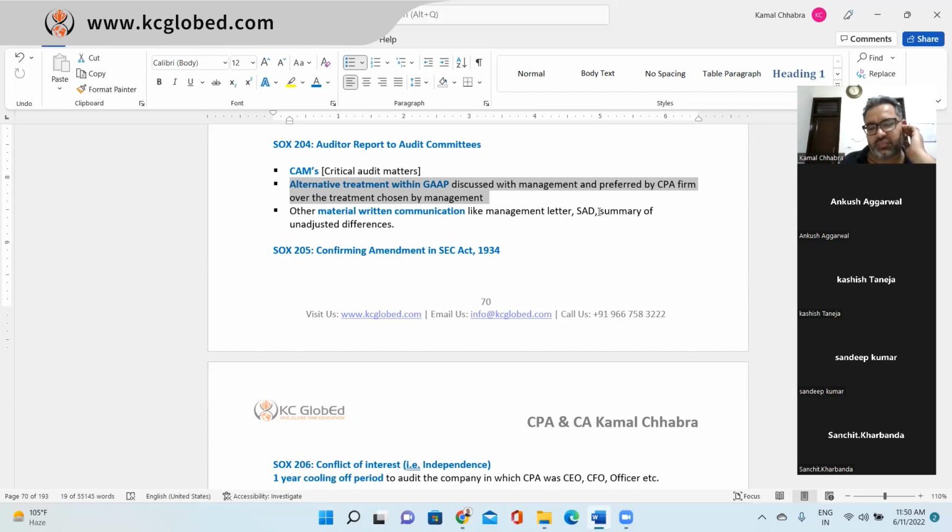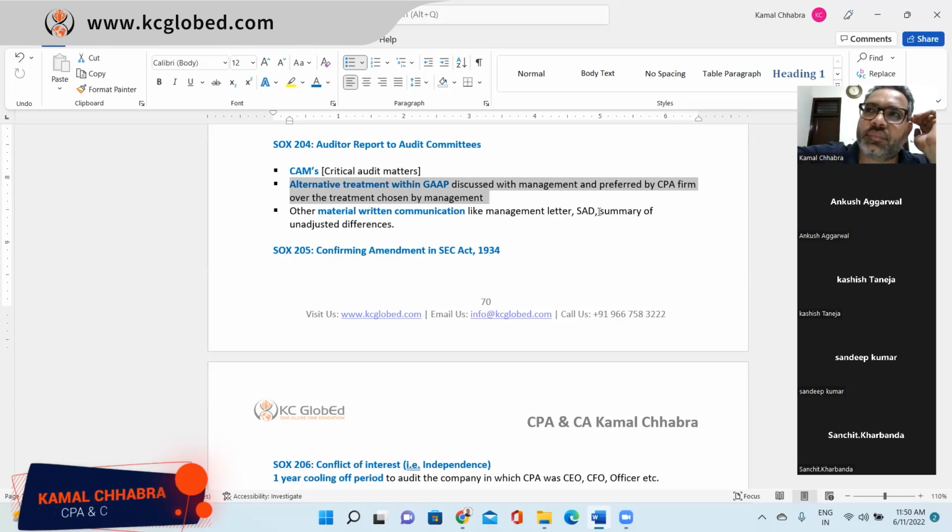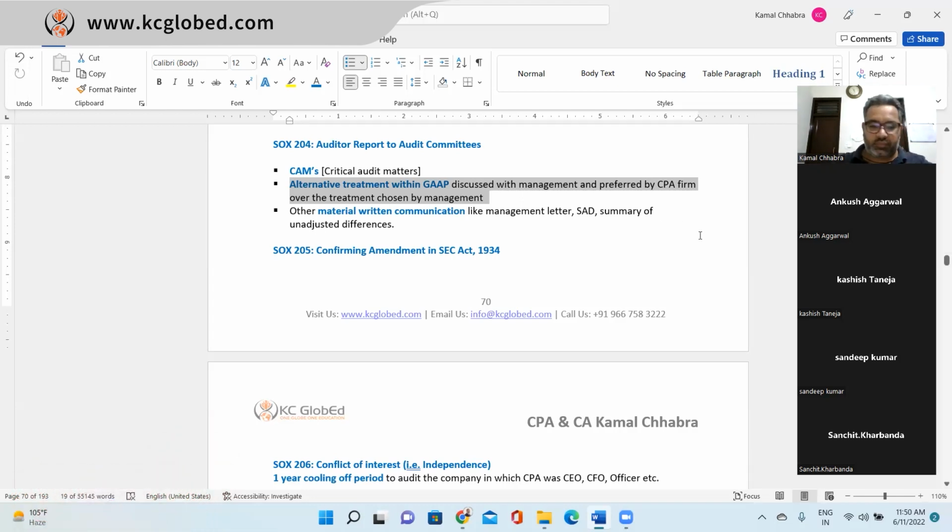All the information related to the audit has been given to the auditor by the management, and it is true.